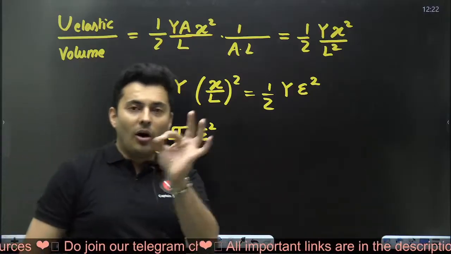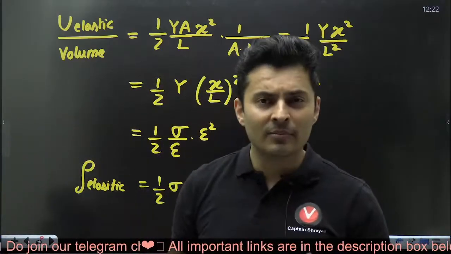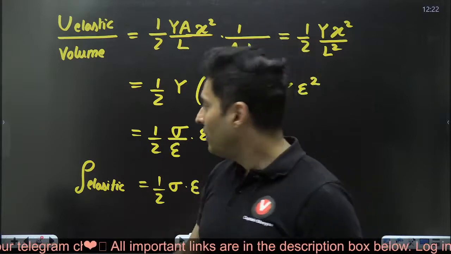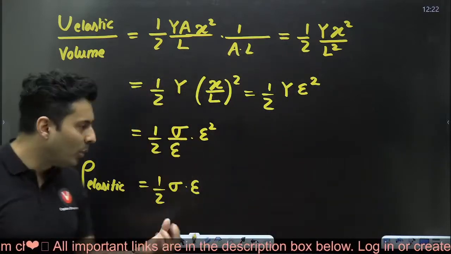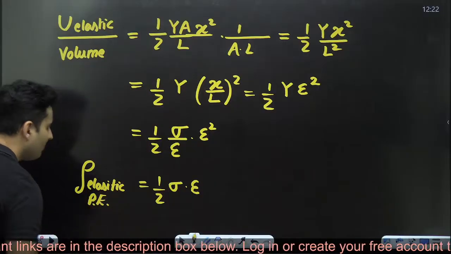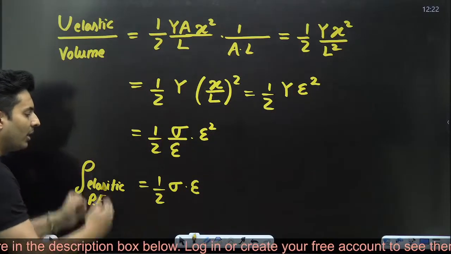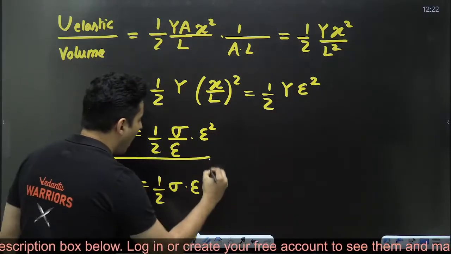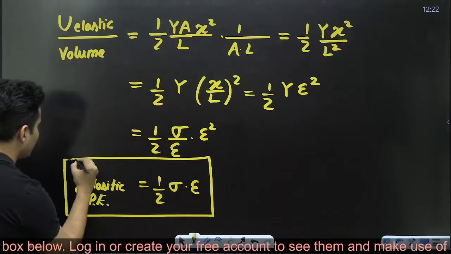Usually rho or D is the symbol for density, mass per unit volume. But this rho, I have put a word, elastic potential energy, meaning how much energy is stored per unit volume. This is half stress into strain.